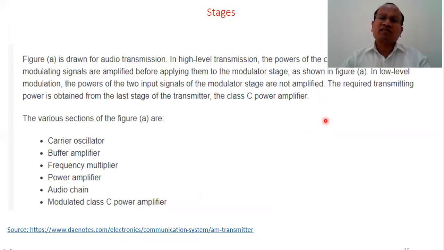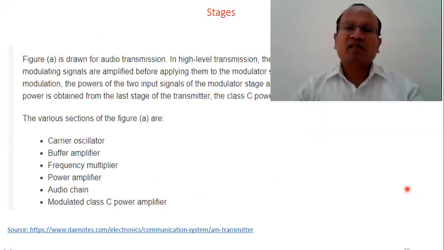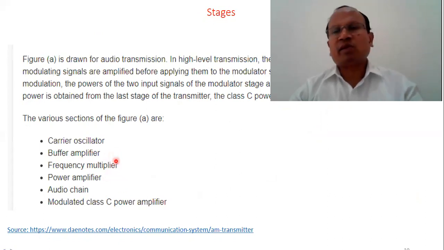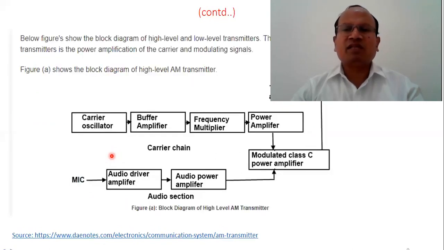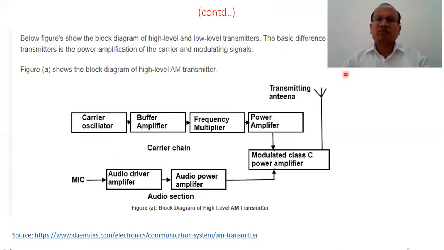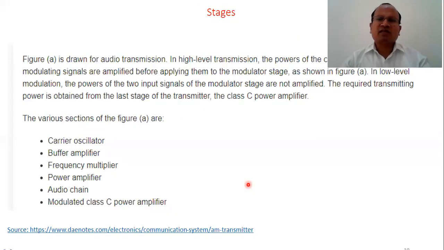So what are the stages? If you have seen the diagram, the major stages are carrier oscillator, buffer amplifier, frequency multiplier, power amplifier, audio chain, and modulated class C amplifier. These are the blocks highlighted in the previous diagram.